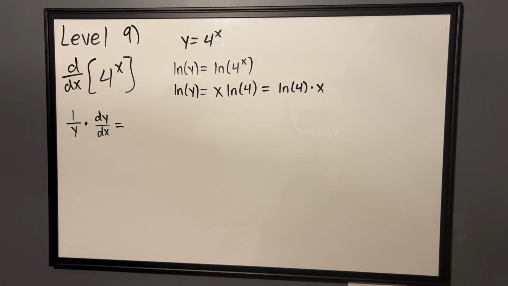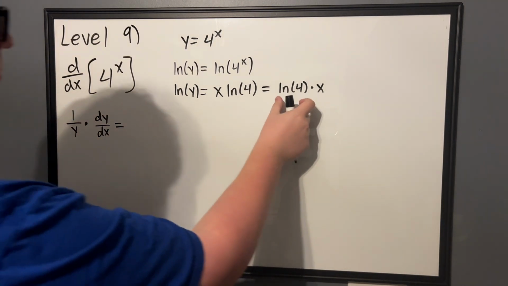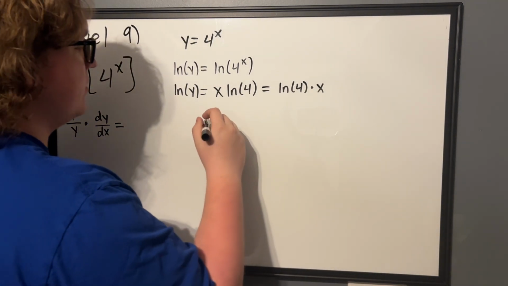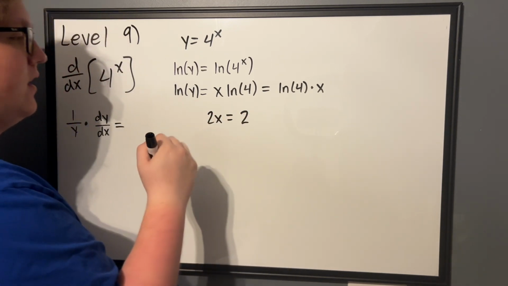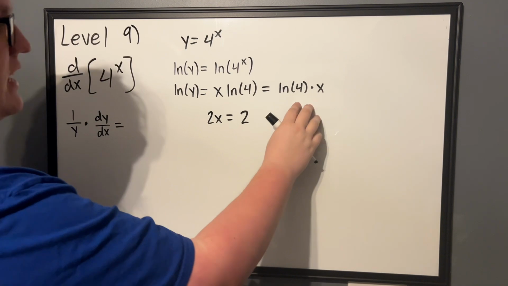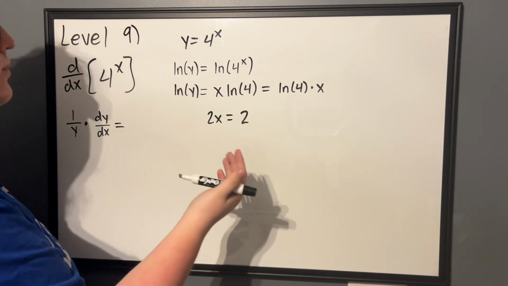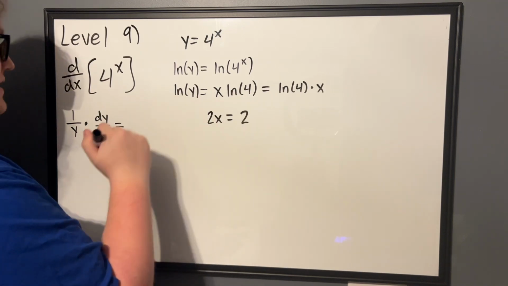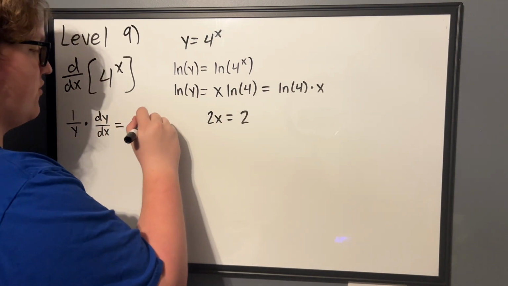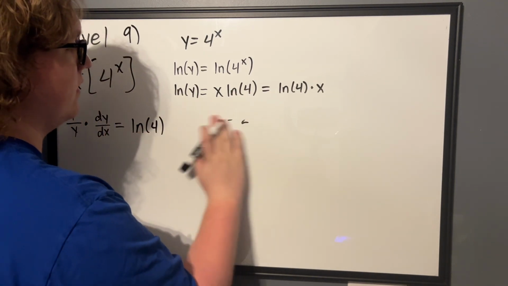This is just a standard power rule because ln 4 is just a number. It's like if we took the derivative of 2x, of course it's just equal to 2. In this case, it's the same thing, it's just equal to that number in front of the x. So the derivative of the right side is just equal to the natural log of 4.